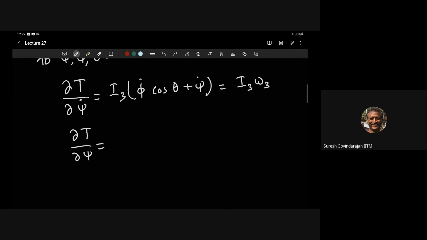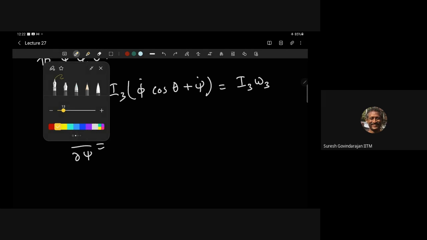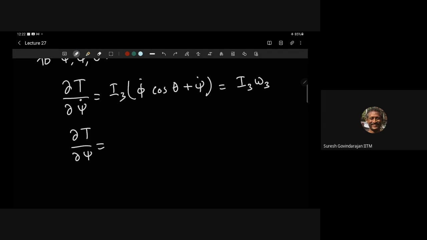It's slightly messy, so this is an exercise. You can do it and put all those terms in, and what you will get is something interesting: I1 minus I2 times omega 1 omega 2.